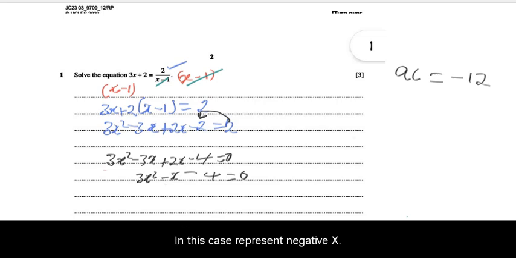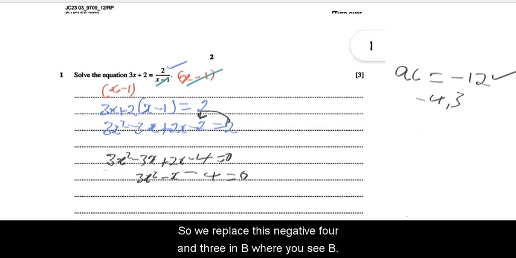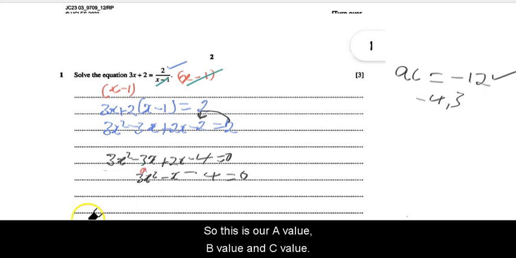In this case it represents negative x. It will be negative 4 and 3. When you multiply negative 4 and 3, you get negative 12, and when you add them, you get negative 1. So we replace B with negative 4 and 3.